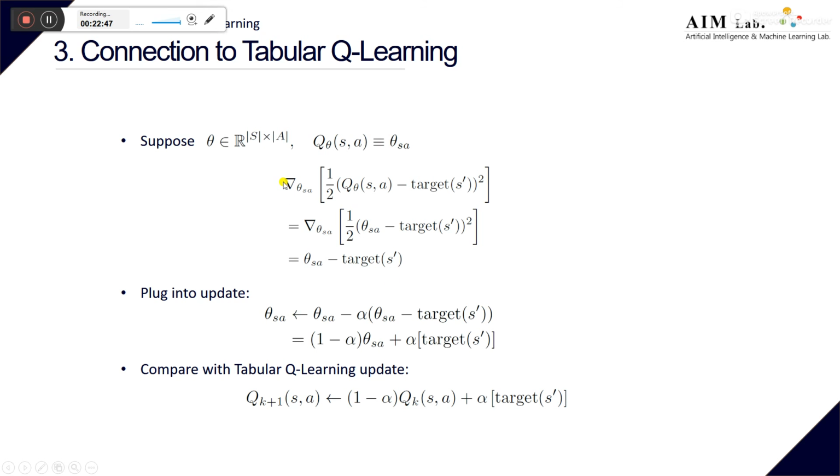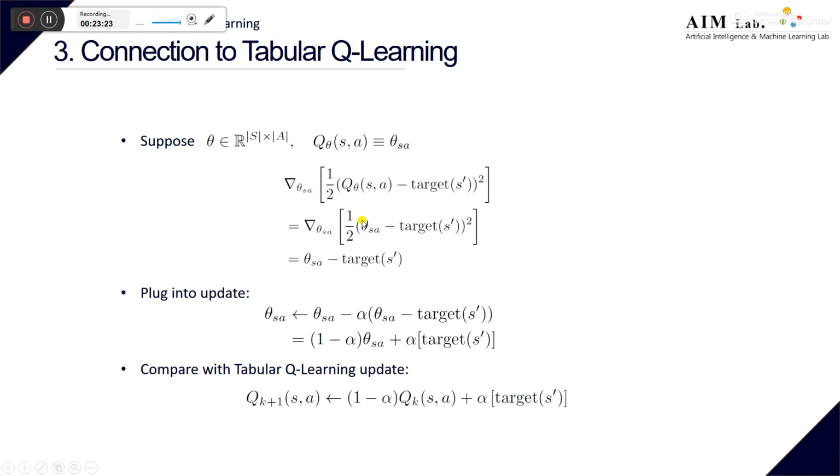In fact, tabular Q-learning is one kind of approximate Q-learning. Suppose that theta is a matrix of size cardinality of states times cardinality of actions, and the Q function, Q theta, is just a table lookup into theta of s, a. Considering the above gradient, we replace the Q function with our definition, theta of s, a.